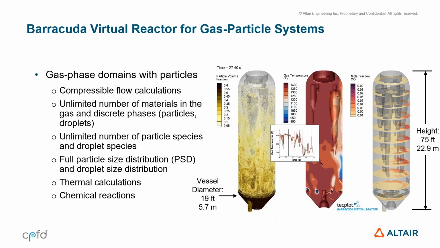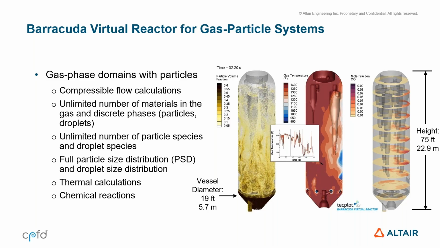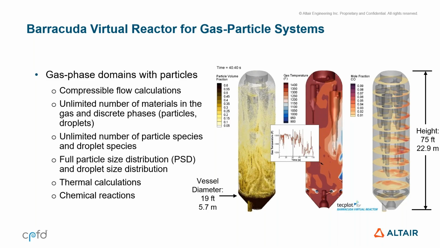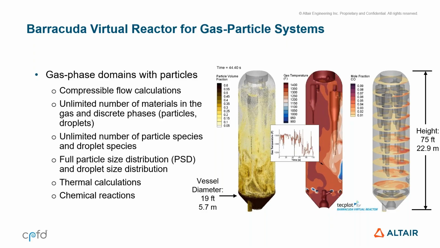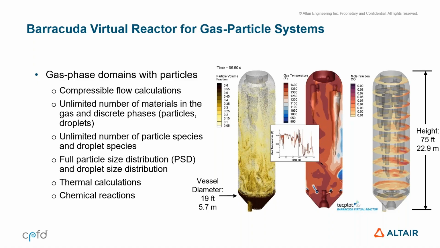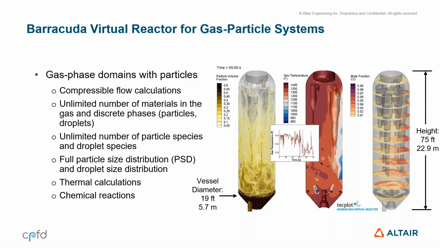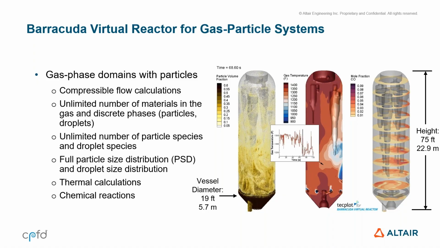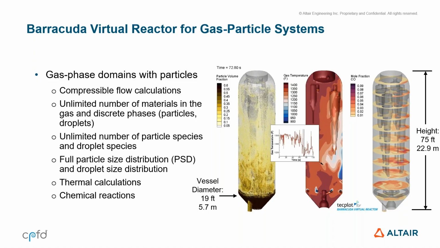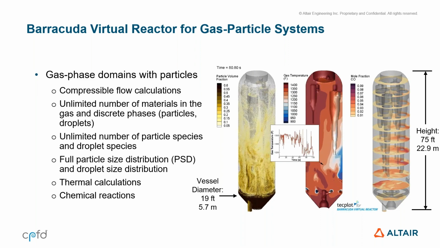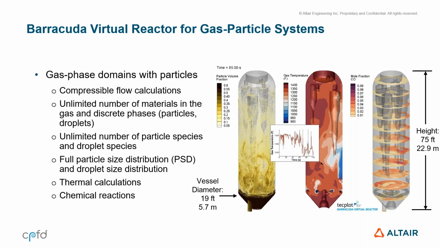The largest proportion of use cases, and certainly historically the only one at some point, was gas phase domain with particles. So picture a fluidized bed, as I'm showing here. This is a small FCC regenerator, to give you an idea for scale. Because it's gas phase, the continuum is a compressible flow calculation, so multiple species, compressible gases, and then no limit to any of the materials, whether in the gas phase or the discrete phase.